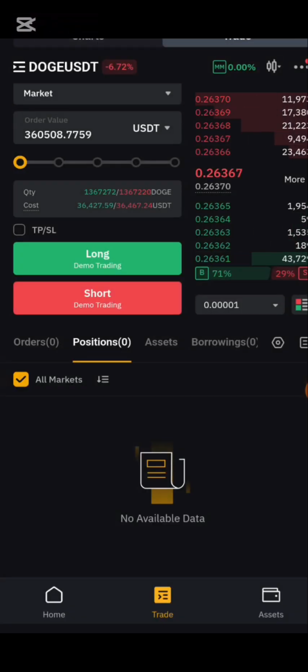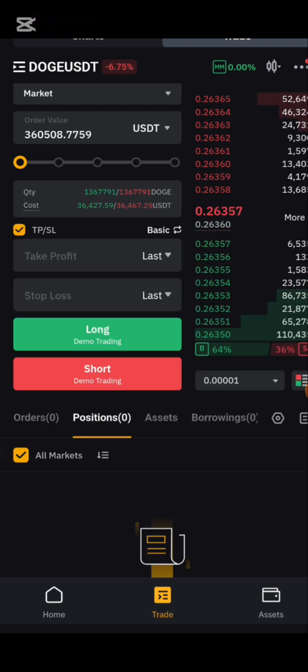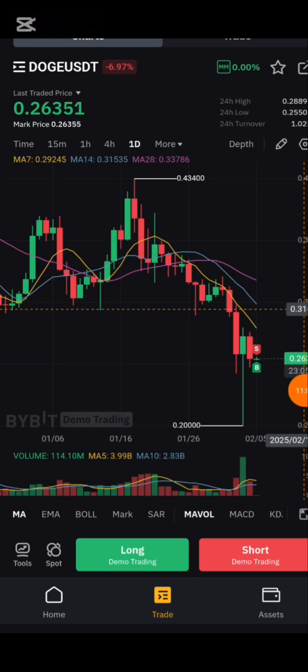All right, guys, this is what I want you to know about. In case you're too busy to stay and watch your profit grow, you can as well set your stop loss and take profit, okay? So you can put your stop loss at this price.